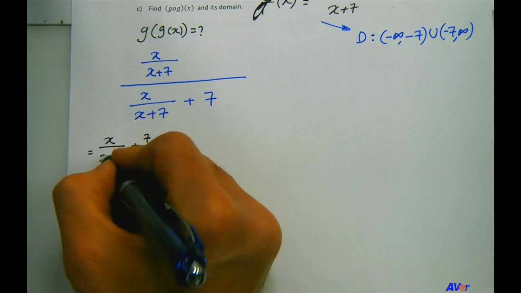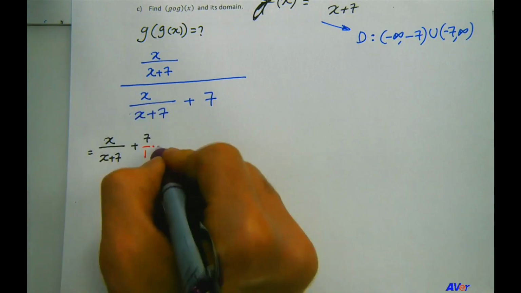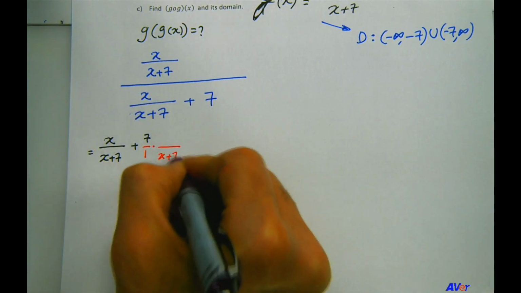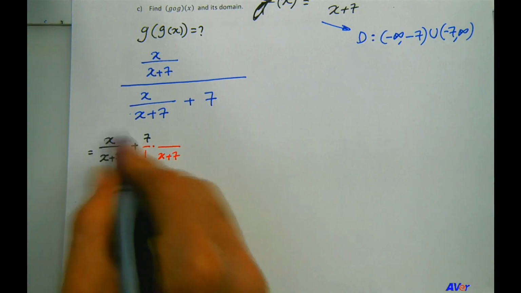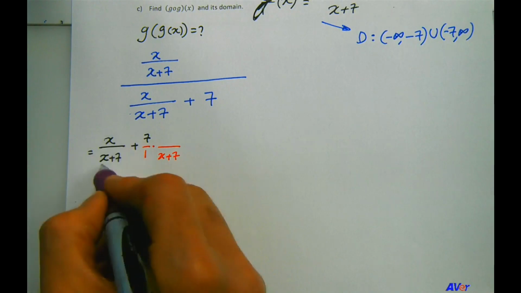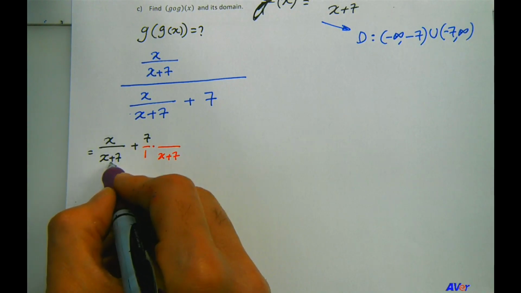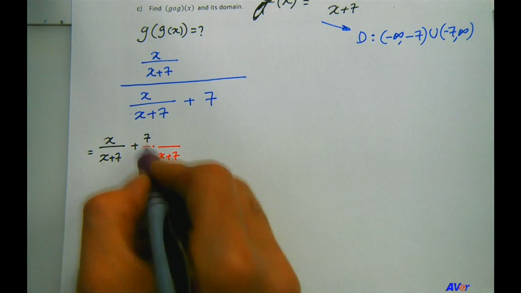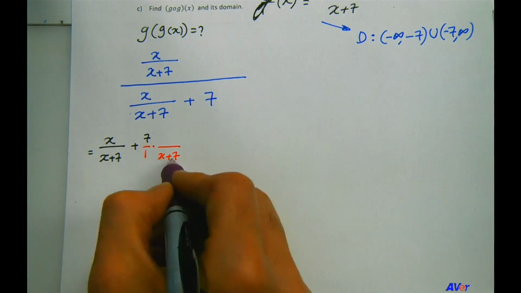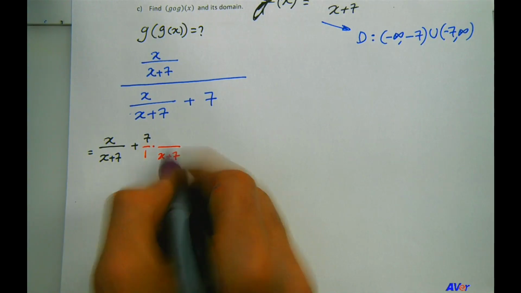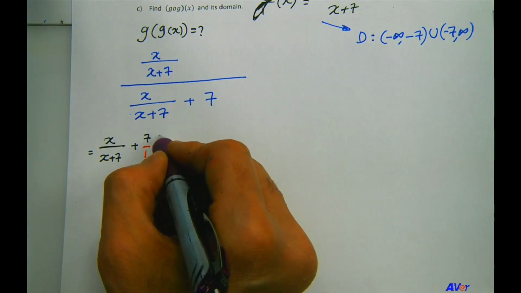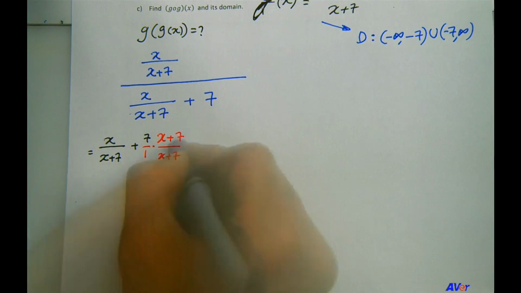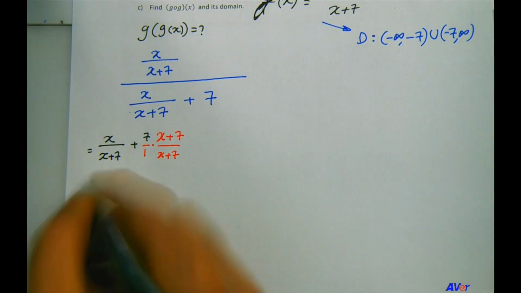It's clear from here. So let's multiply this by x plus 7 because this is just 1. We don't have to multiply this fraction by anything because the denominator is already equal to the common denominator. But this here, 1 multiplied by the common denominator, right? But we can't do that to the denominator and not do it to the numerator as well. So x plus 7.